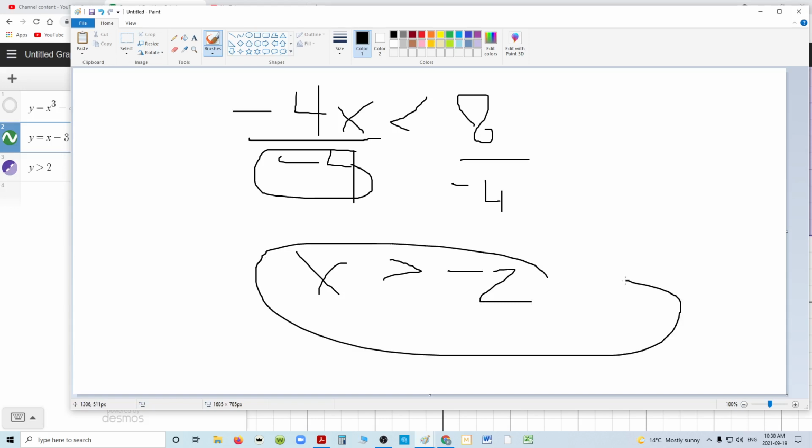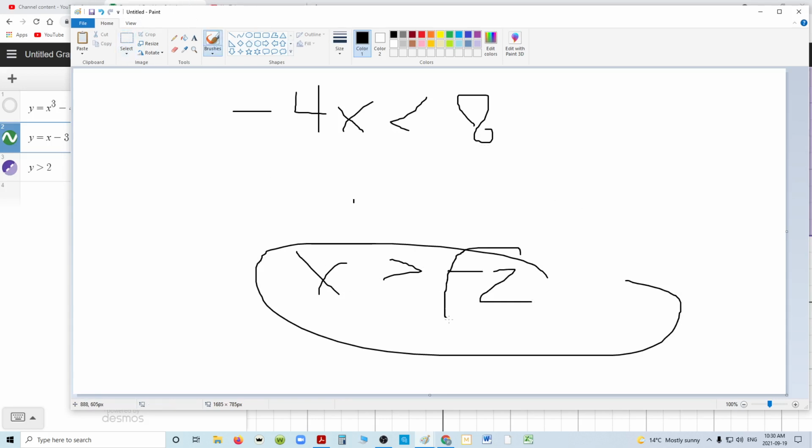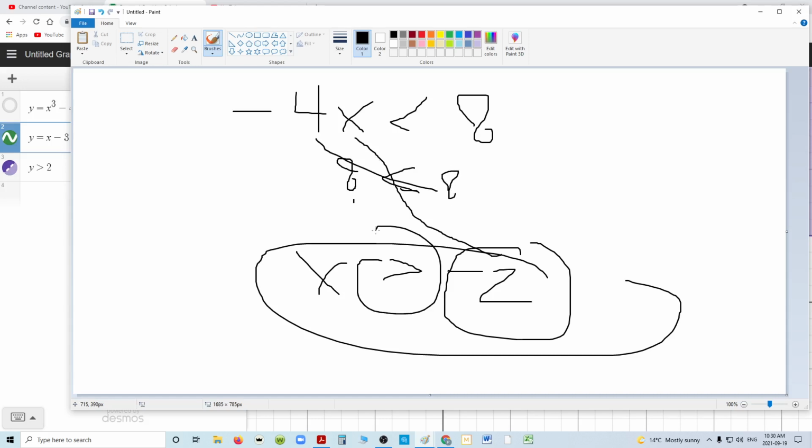The second big rule is always go back and test, because some inequalities, even though you solve them algebraically, still don't work. So I'm going to put minus 2 in here, and I discover when x is minus 2, it's 8 is smaller than 8, which is not true. But since this must be bigger than minus 2, I suspect that minus 1 will work.